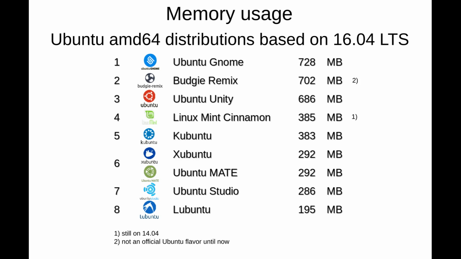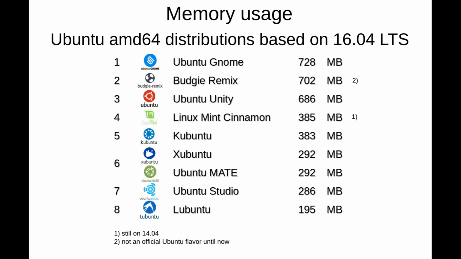The XFCE distributions and Ubuntu Mate are using exactly or nearly exactly the same amount of RAM. And the outstanding winner of this battle is Lubuntu with its LXDE desktop.